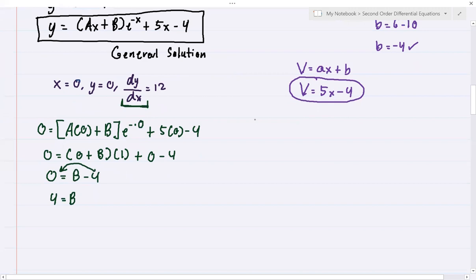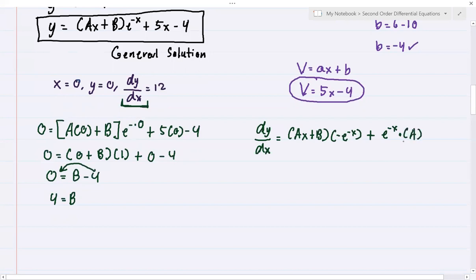Hence, dy over dx is equal to the product rule of the first term: ax plus b times negative e raised to negative x, plus e raised to negative x times a.